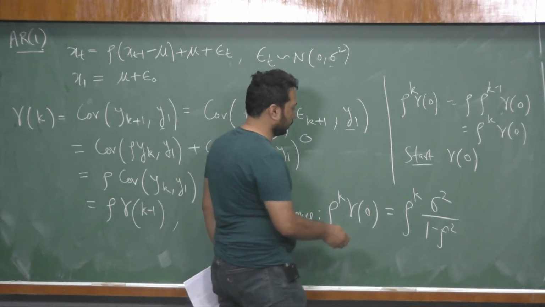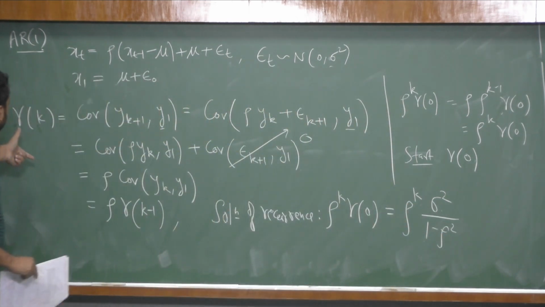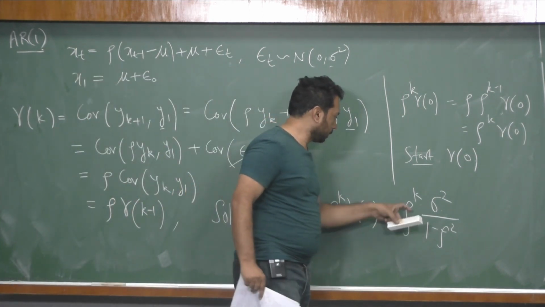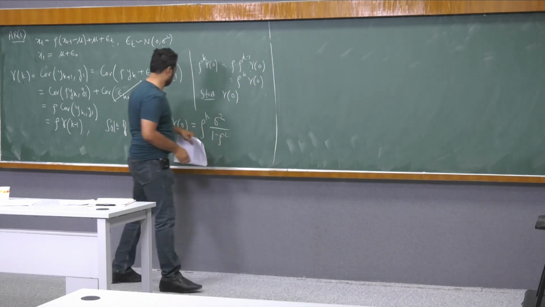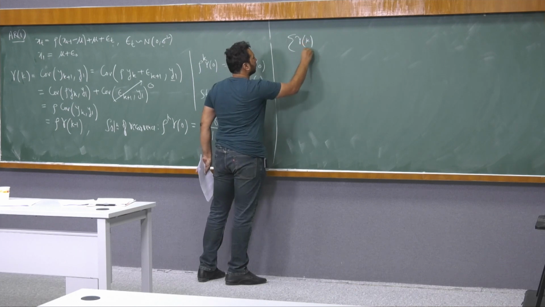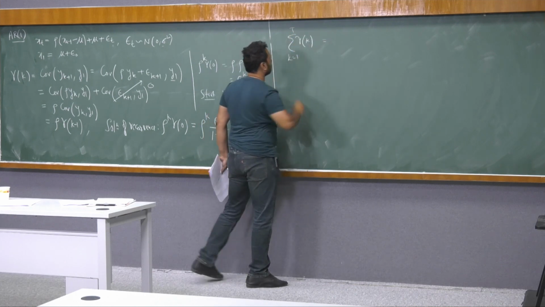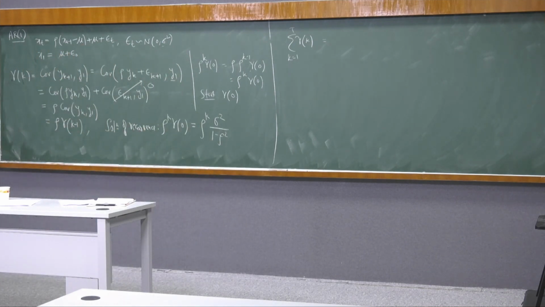Here these guys are constant, so gamma_k being summable boils down to rho^k being summable. So we were looking at the sum of gamma_k, k equals 1 to t, and as t tends to infinity, we want to know whether it's summable or not.